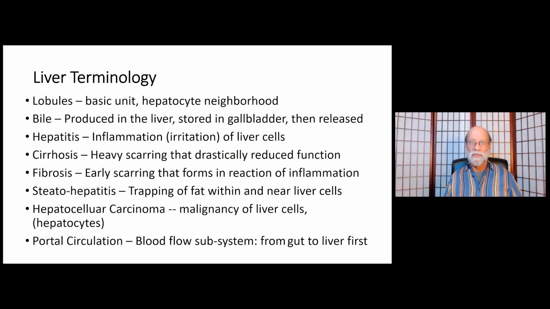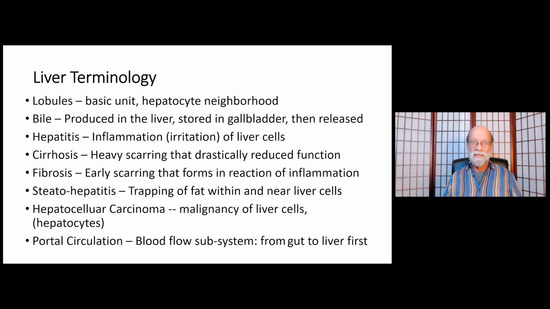First, fibrosis, which is essentially early scarring that forms in reaction to inflammation in the liver. And then cirrhosis. Cirrhosis is kind of a second stage where the scarring becomes heavier. It more drastically reduces the function of the liver. And some parts of liver function are affected more easily than others.